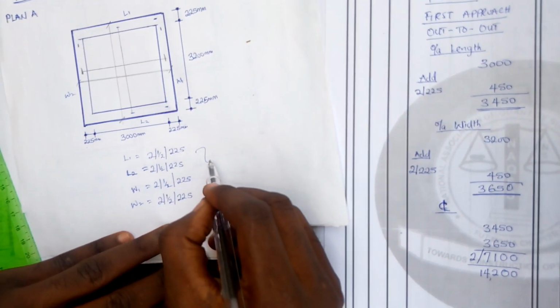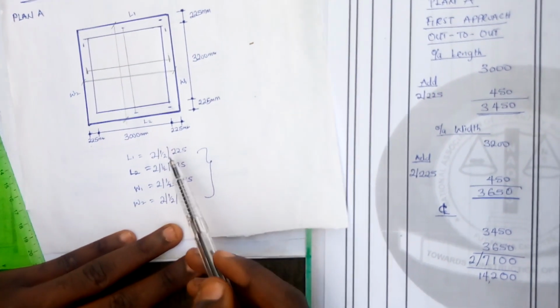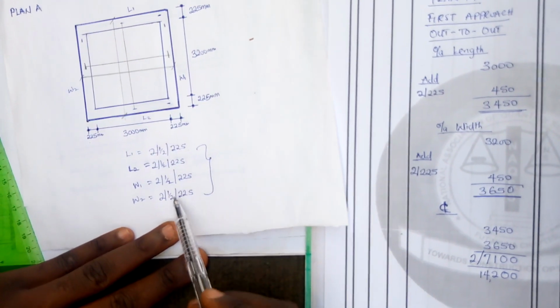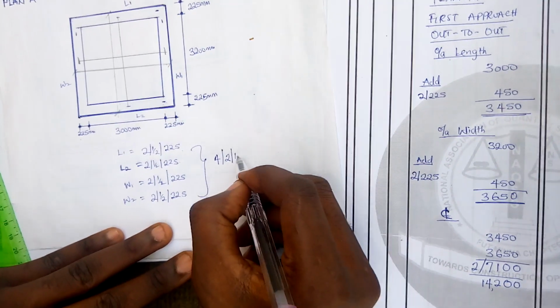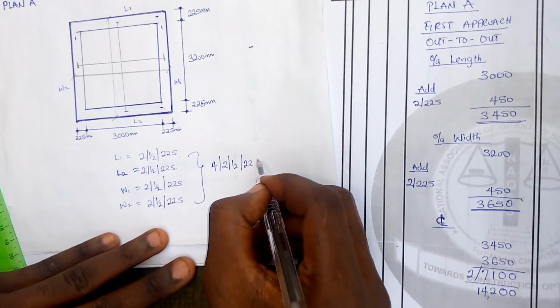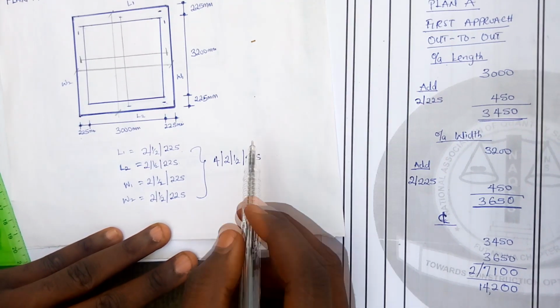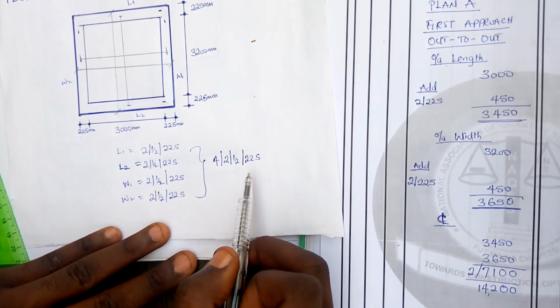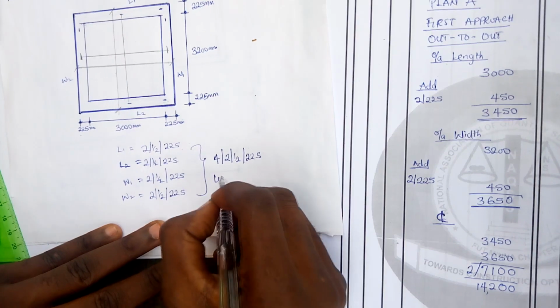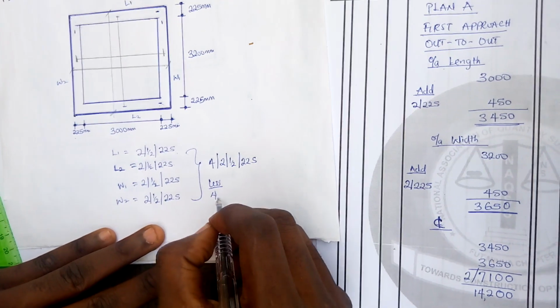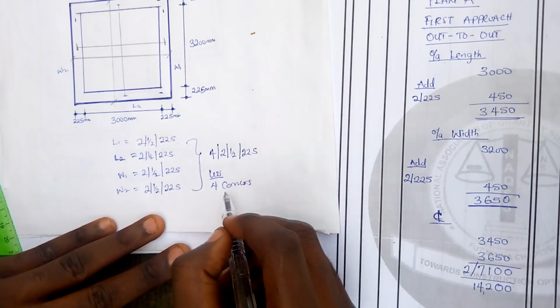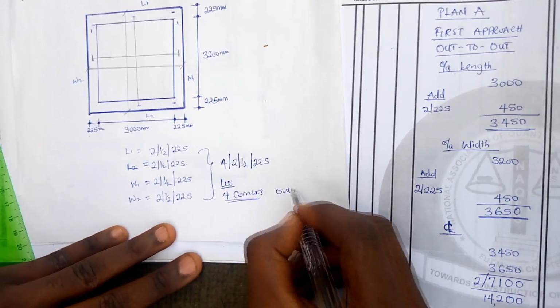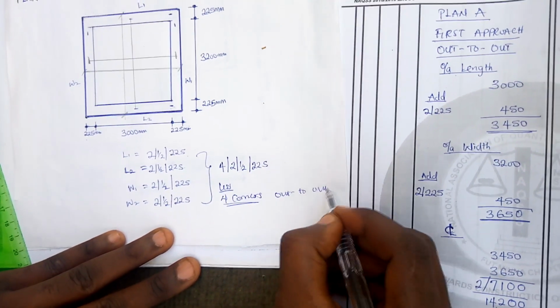Now if you sum these up together, you would realize that we have 1, 2, 3, 4. So we have to less 4 by 2 by half of 225. This 225 is the block thickness, and this is what many QS students always refer to as less 4 corners. Mind you, this is when your dimension is out to out.